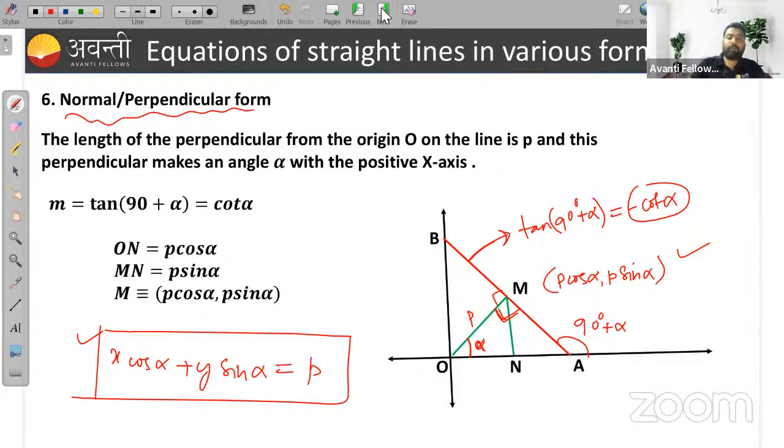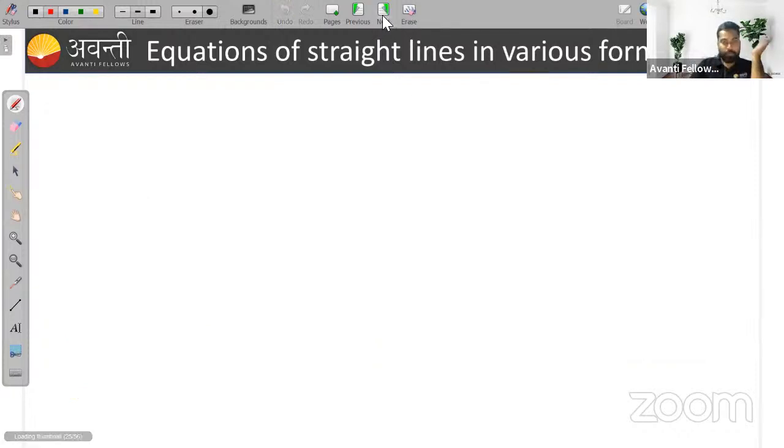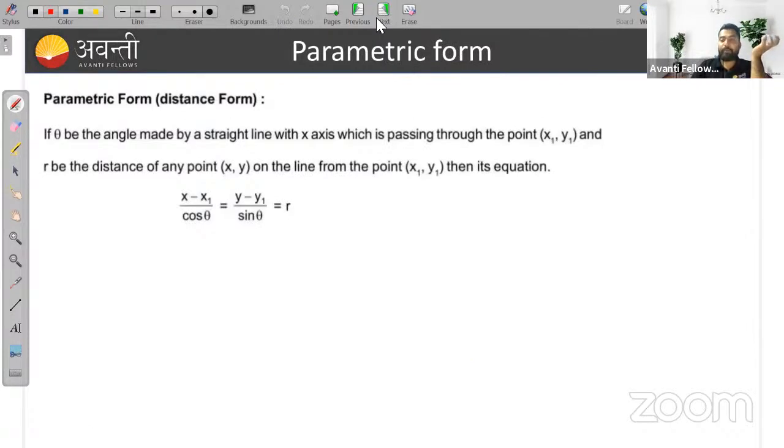Clear? Sure. Let's move to the last form, that is the parametric form. In the last class I already told you this is your parametric form.